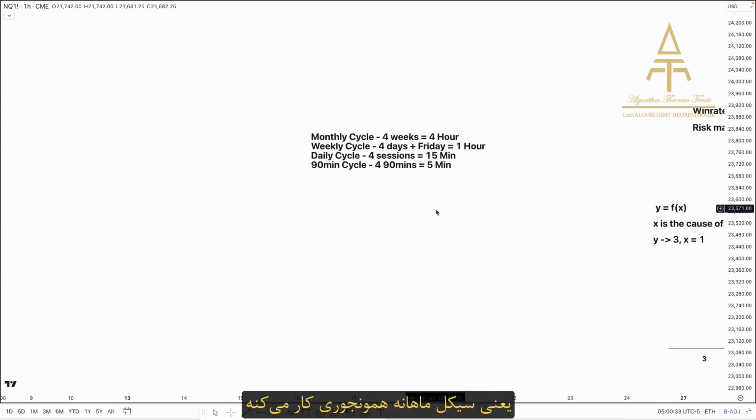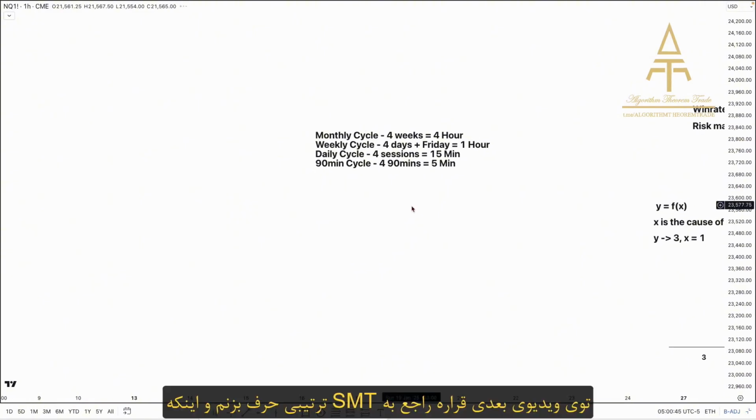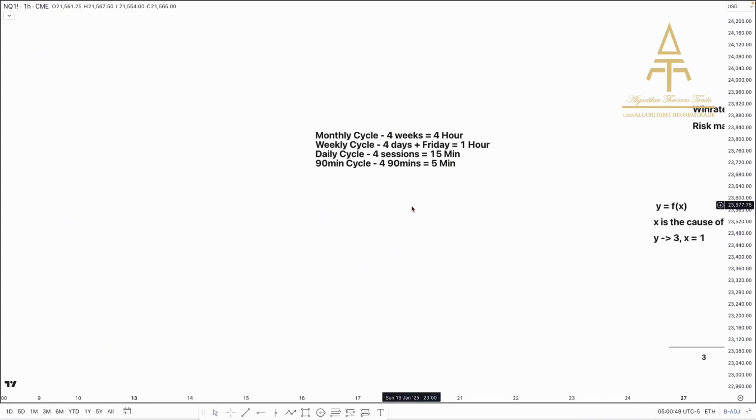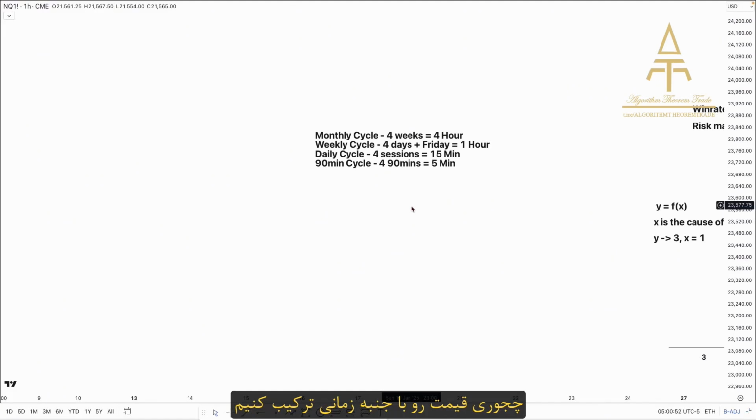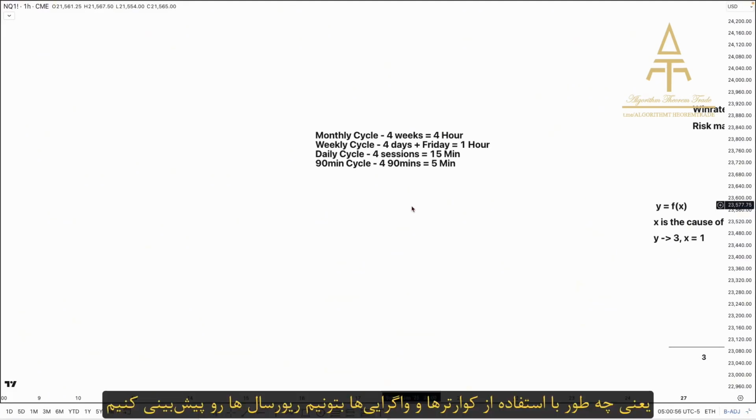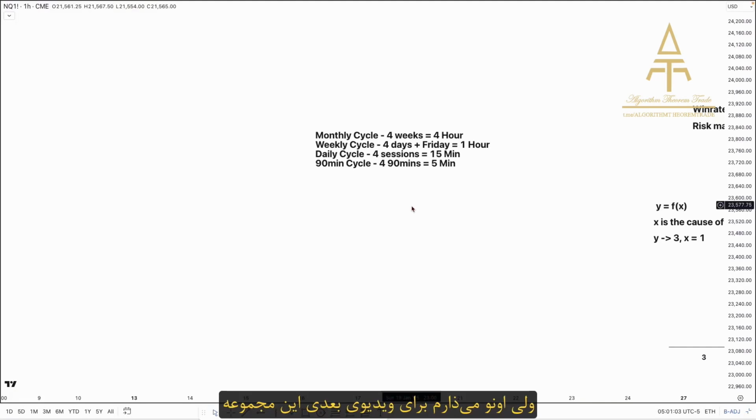So the monthly cycle will function in the same manner that the 90-minute cycle will function. Of course, there are other cycles as well, but these are the only ones we will be paying attention to. In the next video, I will be going over sequential SMT and how to blend price in with the time aspect, so the quarters, and how we can use divergences to anticipate reversals.